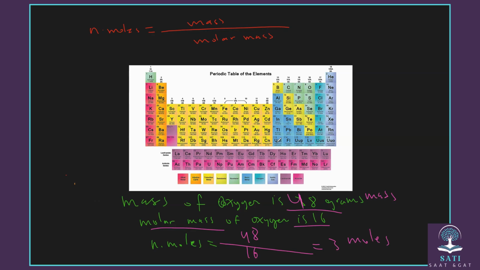It's logical, and you can solve it mentally. If the molar mass of oxygen is 16, as we said previously, it means 16 grams per 1 mole of oxygen. That means if I have 1 mole of oxygen, its mass is 16. What about 2 moles?